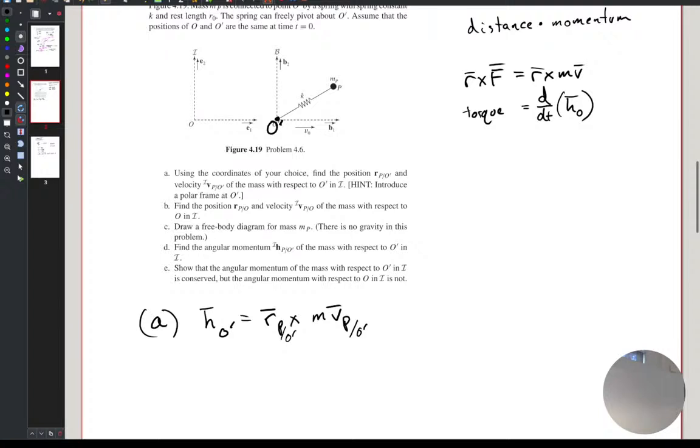In general, it will move in some major and minor axes.